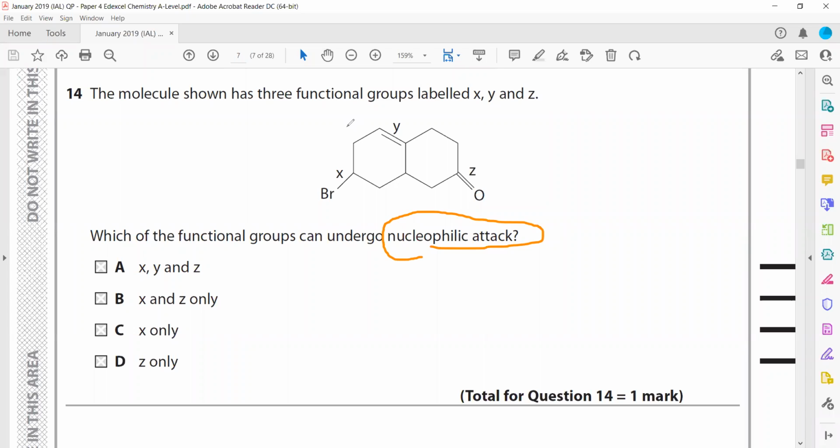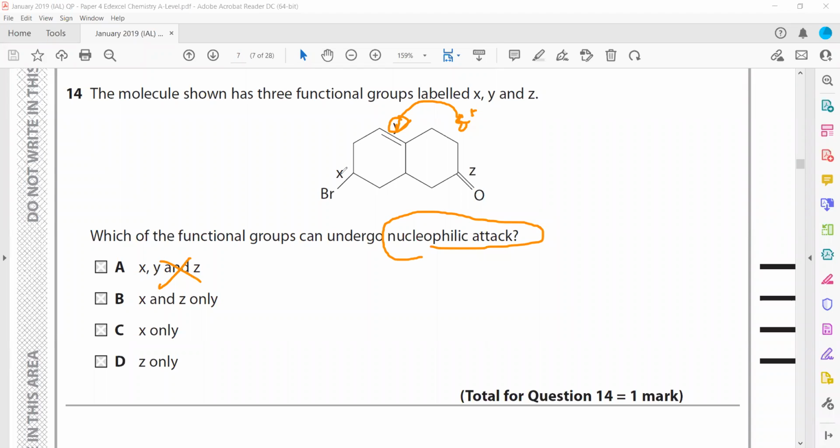So we have to check. Look, it is easy to recognize here. Y cannot undergo a nucleophilic attack because Y is a carbon-carbon double bond. If there is a carbon-carbon double bond, always an electrophile will be attracted towards it. So any option with Y is not correct.